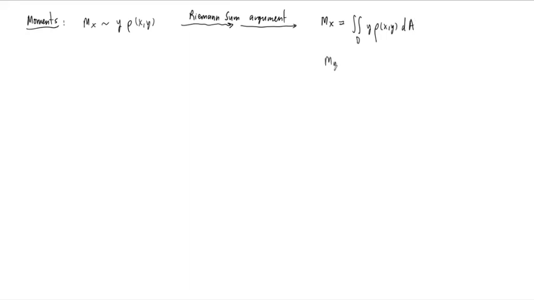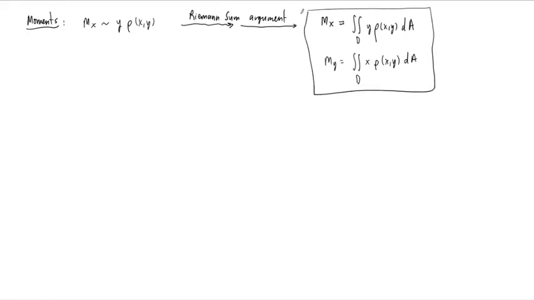And similarly, the moment with respect to y is pretty much the same, except we swap out y for x. And so this is x times the density function integrated with respect to area over the region D. So these two formulas right here, these are the moments in the x and y direction.